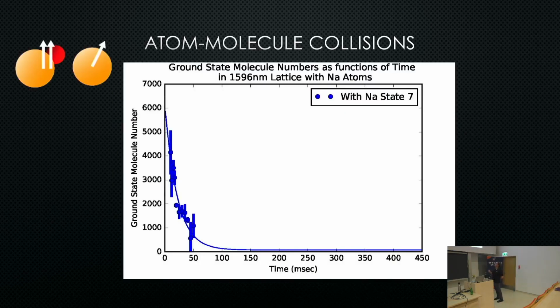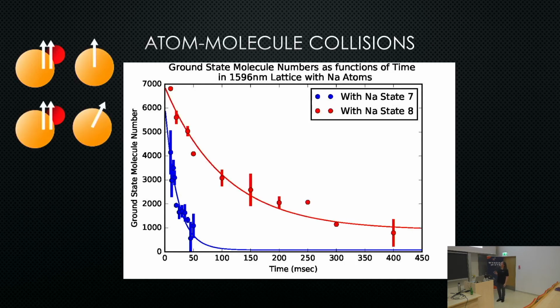What we found was that if we created the initial state not perfectly spin polarized, so molecules in the upper stretch state and the atoms in the highest non-stretch state, we have fast loss. And the reaction goes pretty close to the universal rate. But if we straighten out that spin and get perfectly spin polarized, the reaction slows down dramatically.